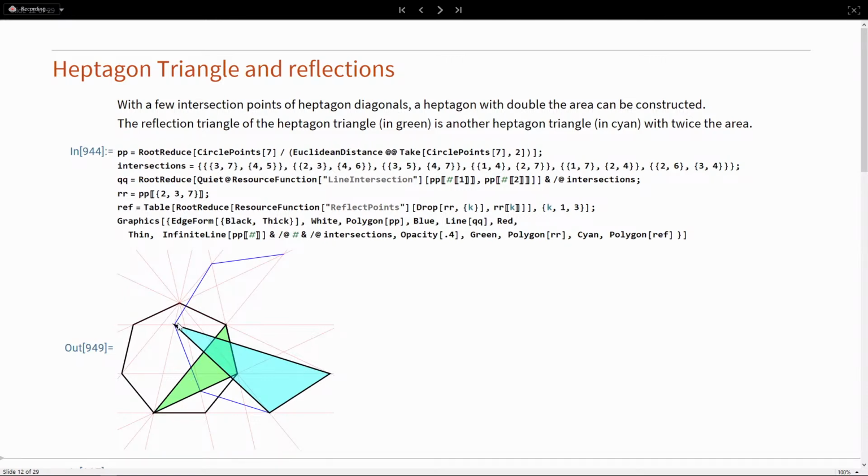Well, it turns out you get another triangle, which is similar to the original triangle, but twice its original size. Exactly twice the area. And it turns out that there are intersection points from the diagonals which lead to all but one of the points of a new heptagon, which is twice the area of the original heptagon.